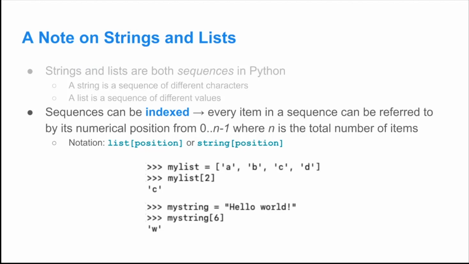And the notation is just using square brackets. You'll have list, square bracket, the position you want, or string, square bracket, the position you want. Make sure you note that the indices do start from 0. So even though if you're counting in that first example list, A is the first item in English, it is at index 0. And that's why when you index the second position in my list, you actually get the character C.